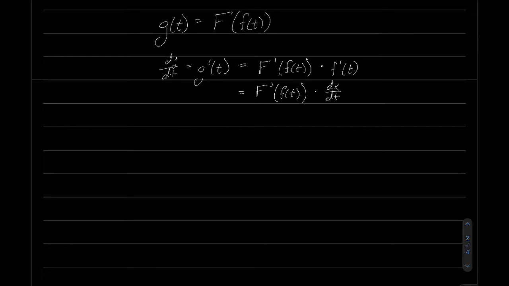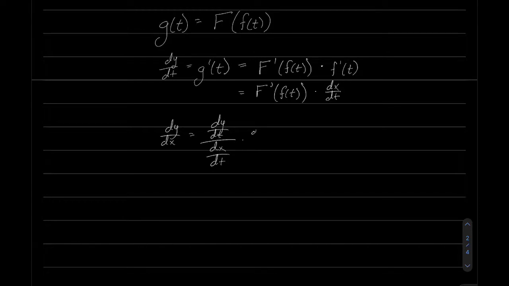Now remember that we're looking for dy dx. So we know that dy dx is equal to dy dt over dx dt. If we were to treat these differentials as numbers, they would make a lot more sense. So let's go ahead and do that for a brief moment.